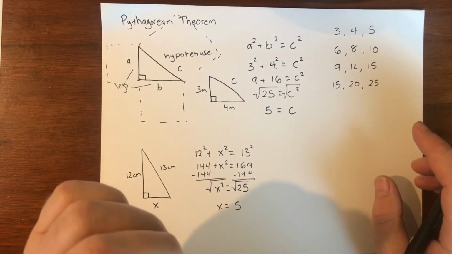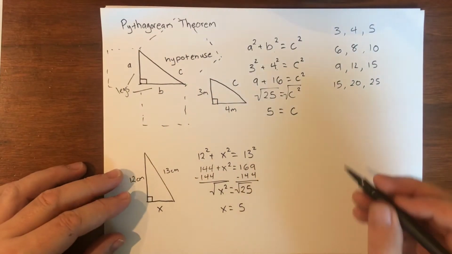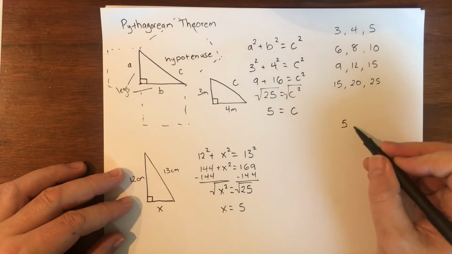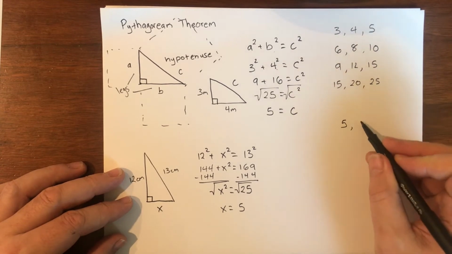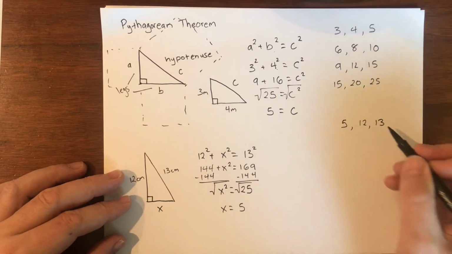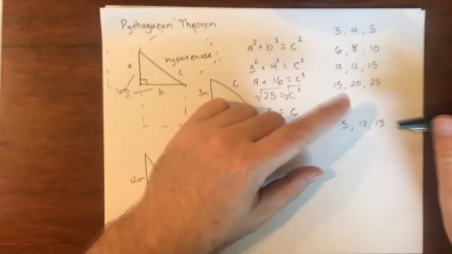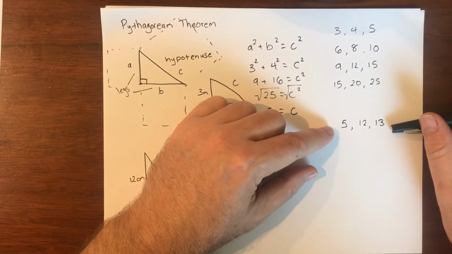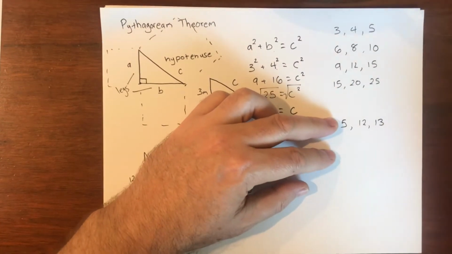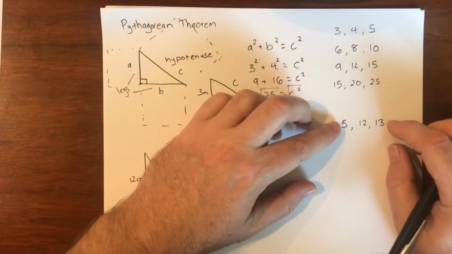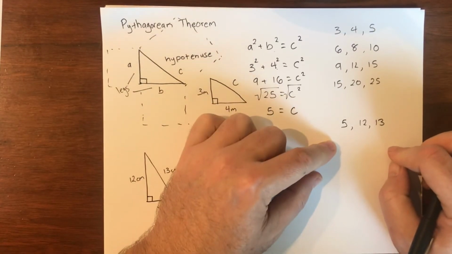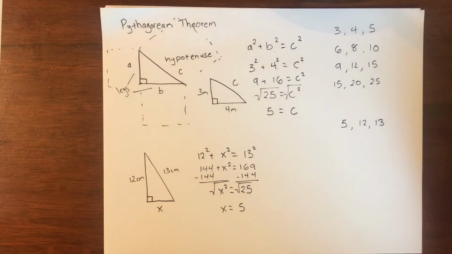Now, there's another one, and I gave it to you right here. This is another Pythagorean triple that they use a lot. 5, 12, and 13. The reason why this gets so much used is because I get actually a scale factor of 1 and a double that I can use there within reasonable squares.